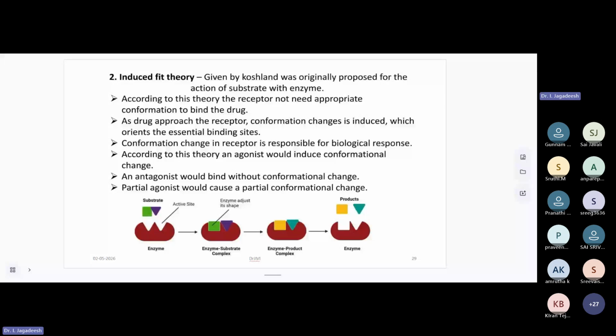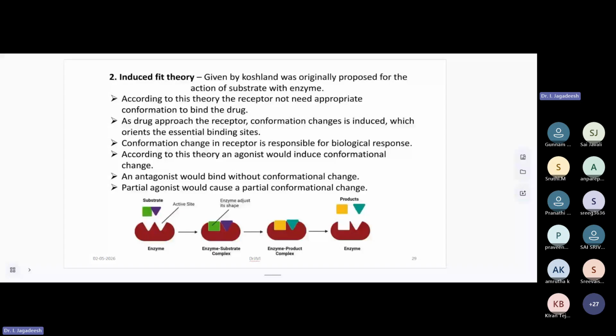So this is what is happening, and the enzyme substrate complex is the same as the ligand. Then the enzyme product complex comes, and once the complex dissociates after association, the enzyme returns to its reversed conformation. What it originally had is reversed to the new conformation present in the induced fit. This is what is challenging our whole journey. That is the reason our pharmacist job is so critical.